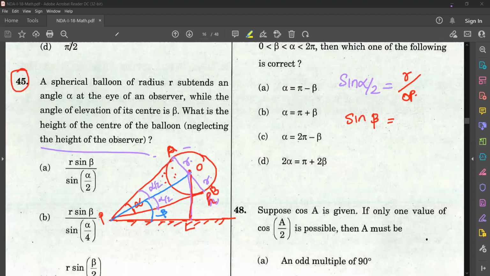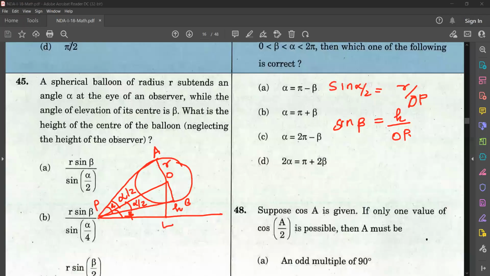So H divided by OP. So we have written sine alpha by 2 is equal to R by OP, and sine beta is equal to H by OP. So we have to find the distance of the center O from the ground. So we have to find H.